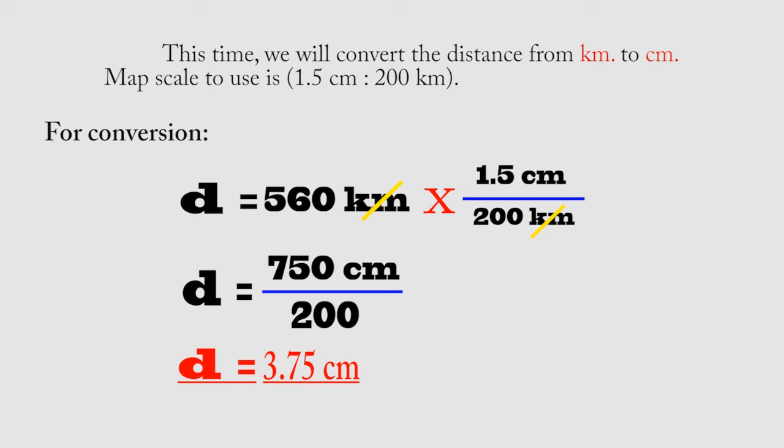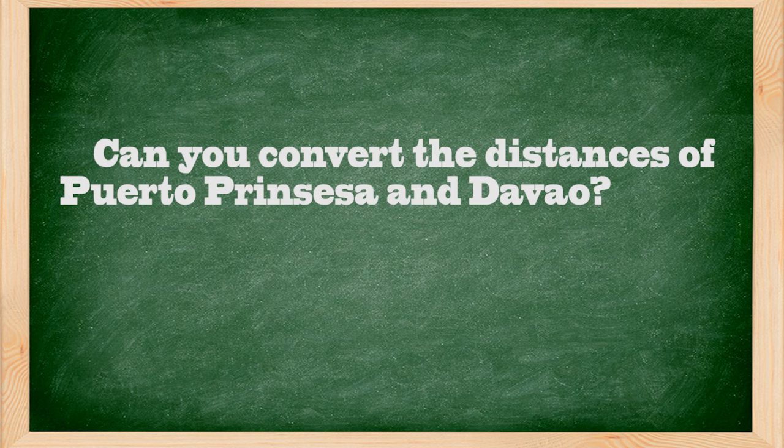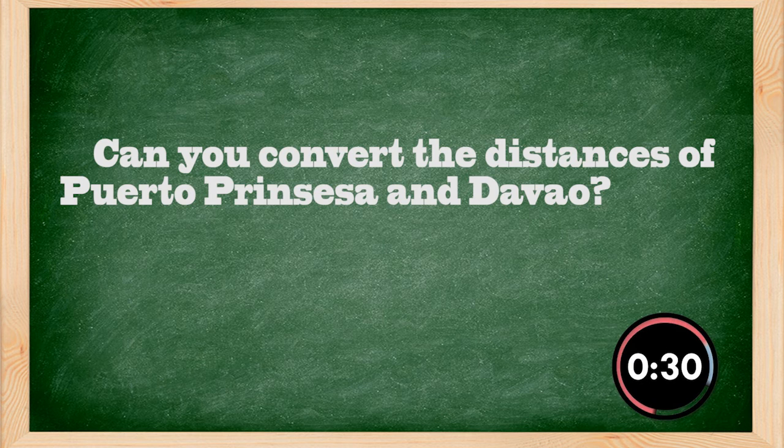I am confident that you can do the same scaling. Now it's your time to show your skill. Can you convert the distances of Puerto Princesa and Davao? You have 30 seconds to answer. Time starts now.